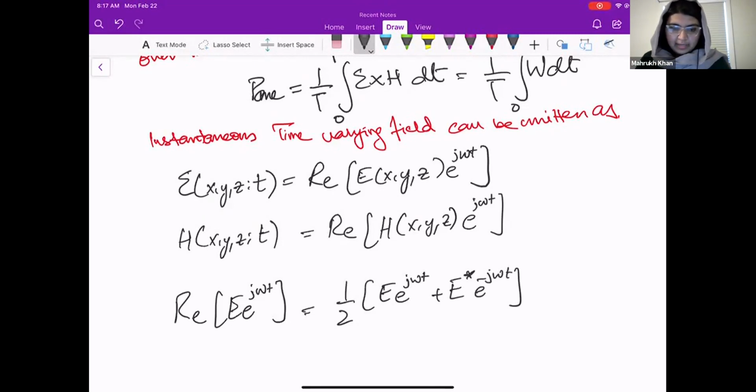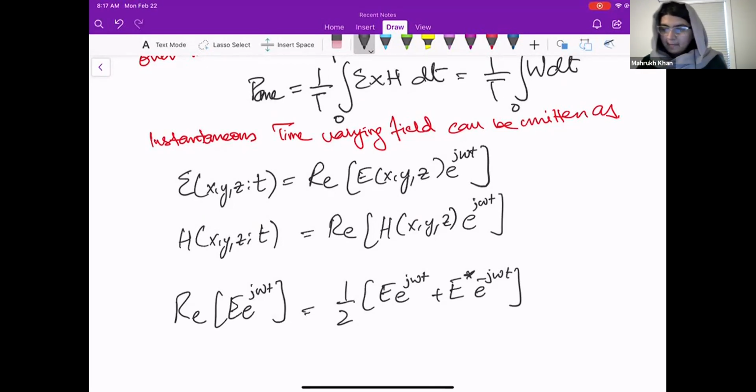In your book, they actually wrote the direct expression of the time varying instantaneous Poynting vector, but I'm trying to just derive it for you so we get what it is.